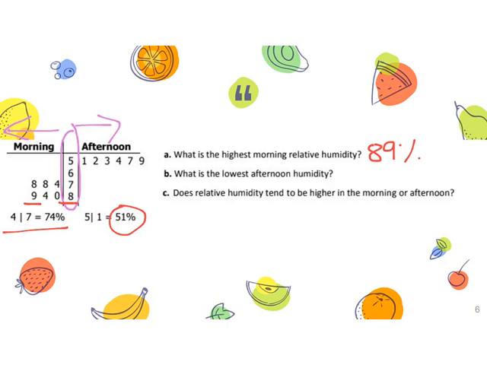Now, what is the lowest afternoon humidity? So, lowest score, 51%. And then, does the relative humidity tend to be higher in the morning or the afternoon? Higher in the morning is 89%, and then the afternoon only gets to 59. So, it's definitely higher in the morning.